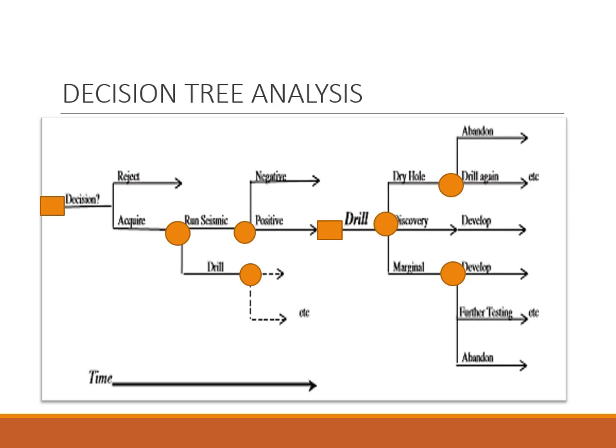If you do further testing, then probably there will be some other chances too. Right? So you can see that there are so many different consequences or probabilities of events happening if you choose one over the other, right?